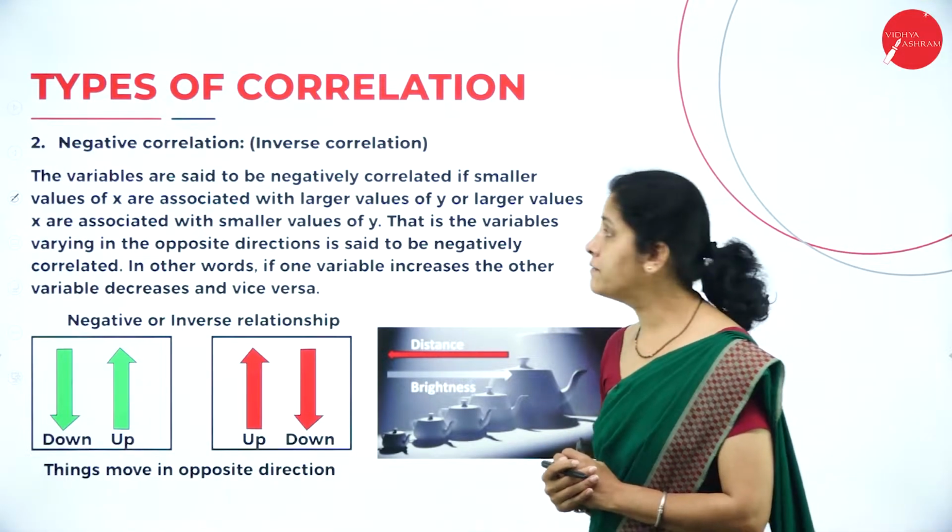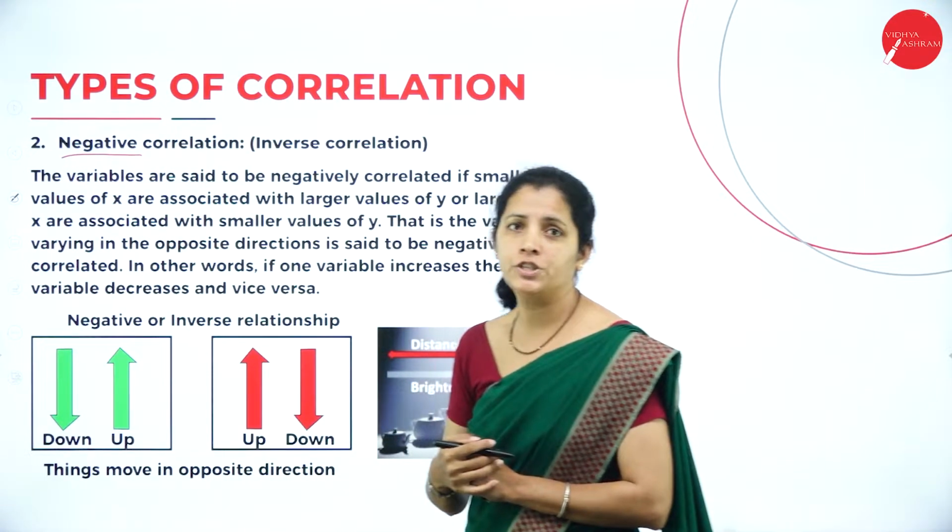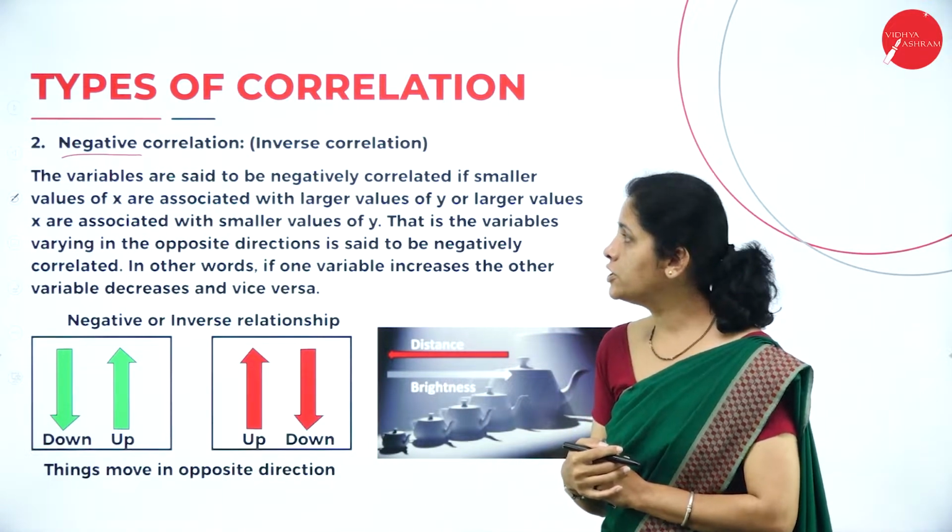And the second type of correlation is negative correlation or inverse correlation.